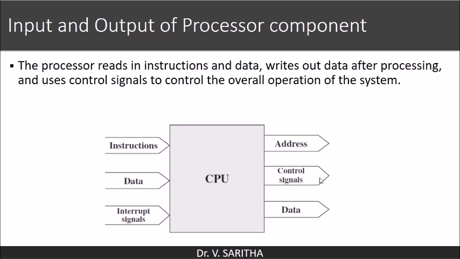After performing the operation, we get the result. That result is given as output in the data, and obviously this data is also the input on which the operation is performed. That is why we have instructions, data and interrupt signals as input of a processor component, and address, control signals and data as output signals for the CPU.